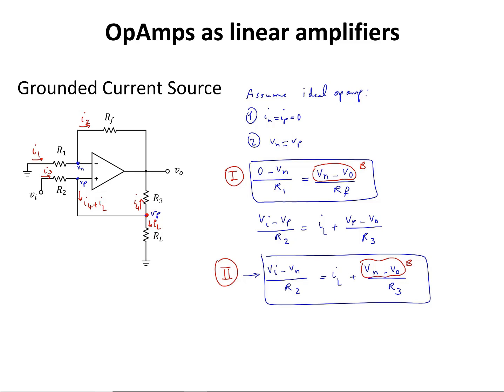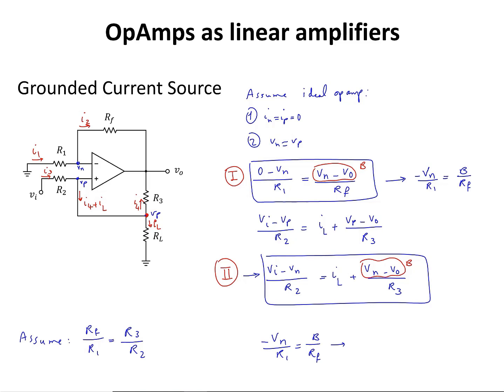So from this one I can see that negative Vn over R1 is going to be equal to B over RF. Now if we select the resistors such that RF over R1 would be equal to R3 over R2, then from equation 1 I have negative Vn over R1 equals B over RF.